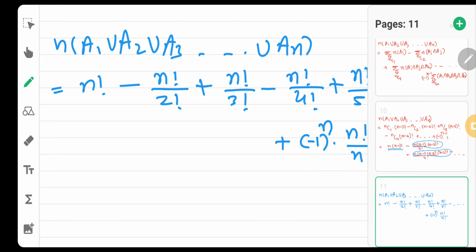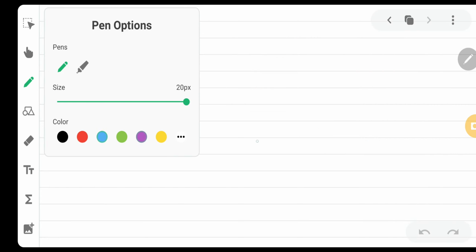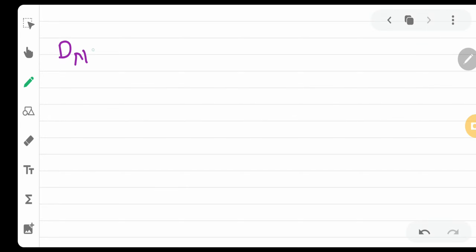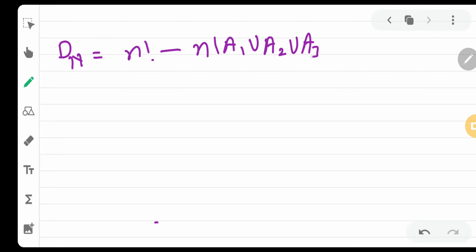Okay, so now our derangement was nothing but this: dn equal to n factorial minus the number of a1 union a2 union a3 union a4 and so on up to union an.